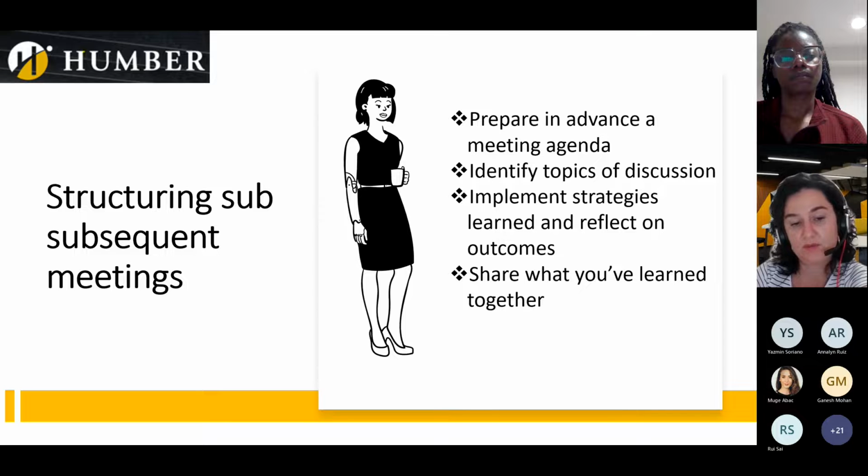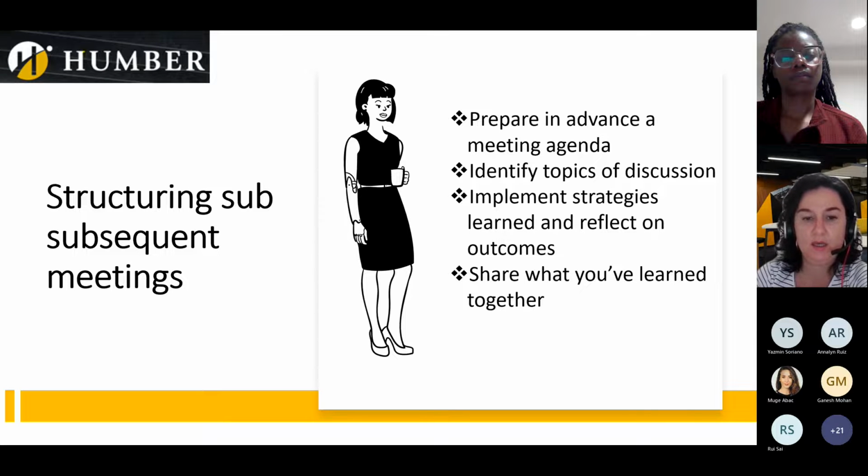At the end, you must reflect and share what you have learned together. One of the best ways to learn is by taking the time to reflect on what you knew before you started and how your mentorship helped you explore your career path, and putting some of that knowledge and strategies into practice, and assessing the outcome.